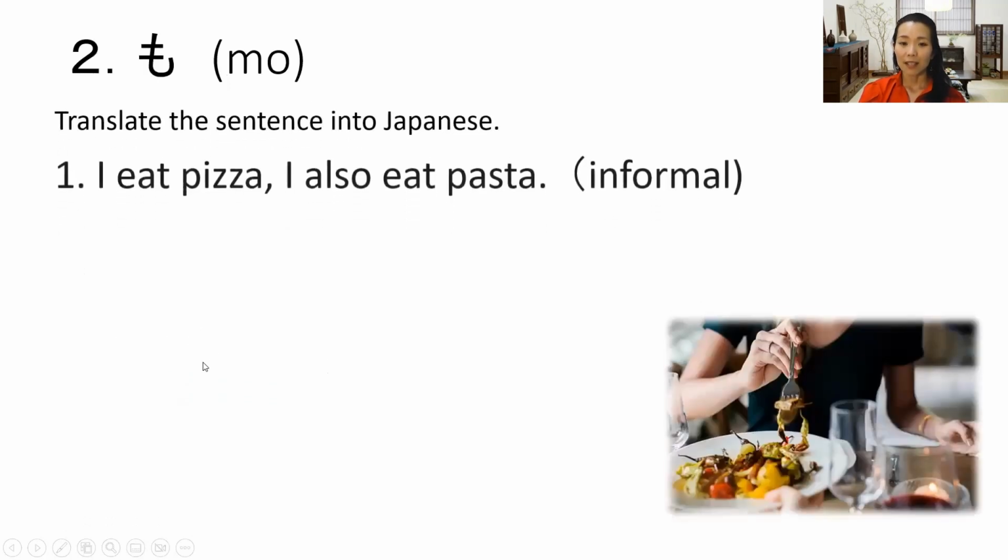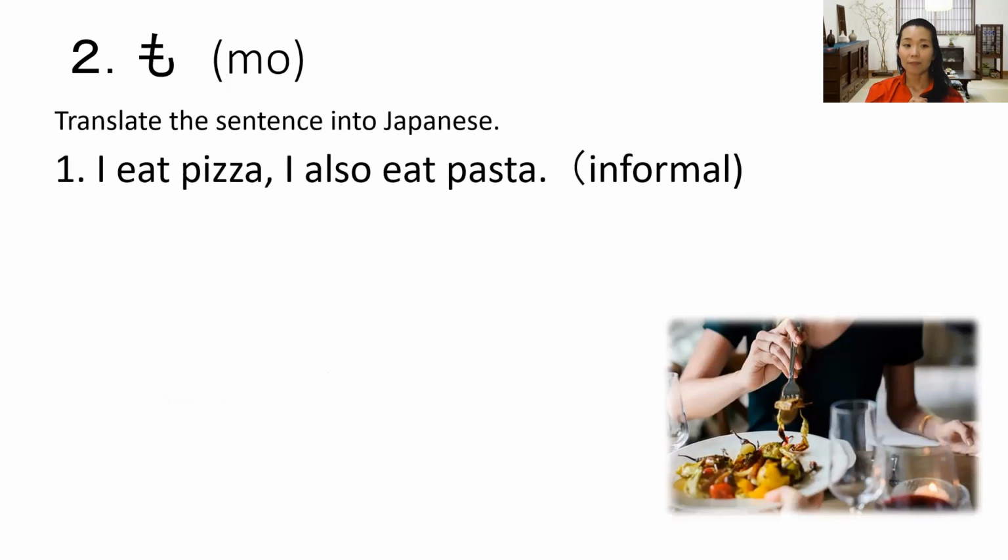I'll give you some example sentence exercises. How would you say, "I eat pizza. I also eat pasta." Informal expression. The topic, I, is the same, so where to put も is important. In this sentence, we need to pay attention to the object. The object is pizza, then also pasta.